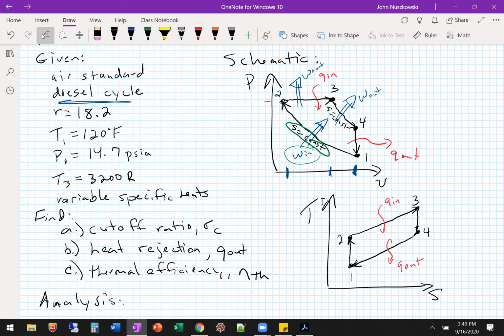How do we solve for that? Where do we start? Process 4 to 1. Yeah, 4 to 1 is where we get heat out, right? So we solve for heat. We want to do a COE for process 4 to 1, right?